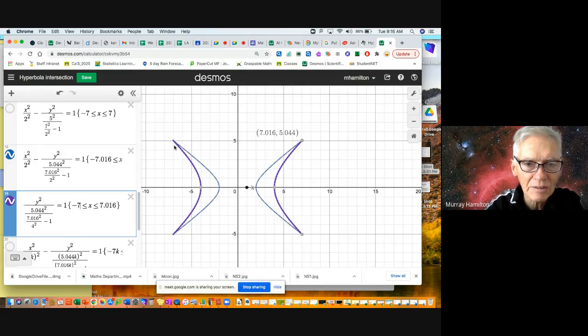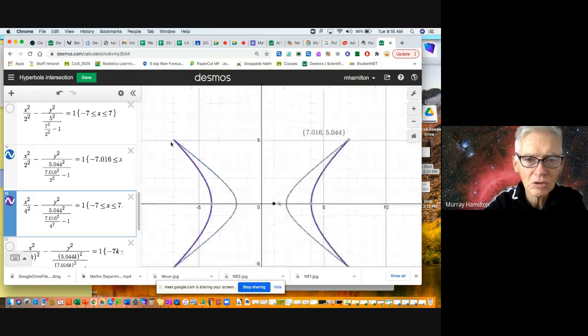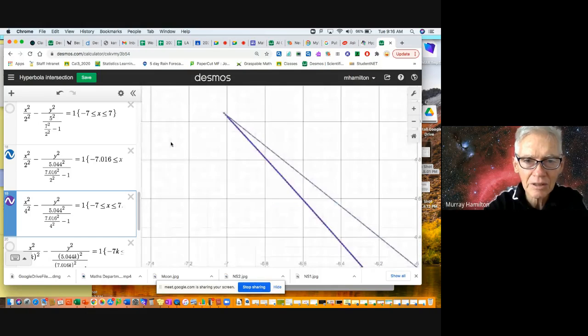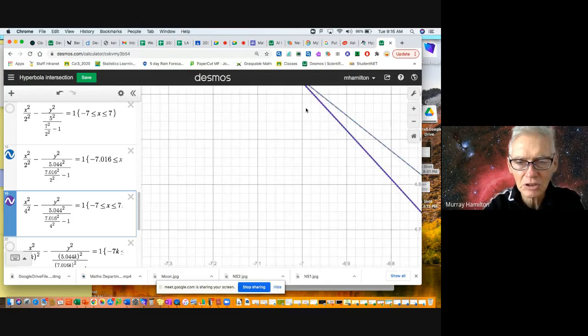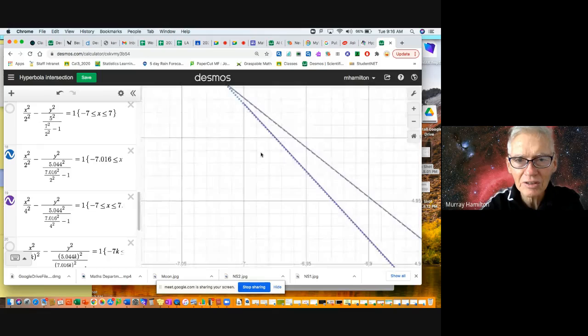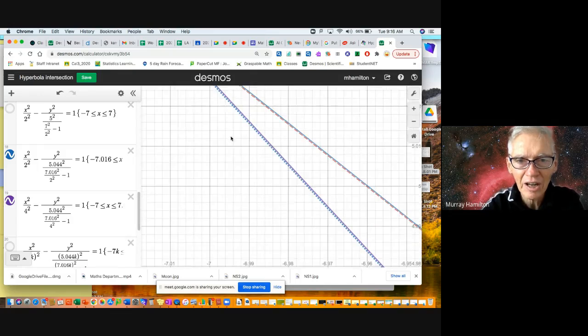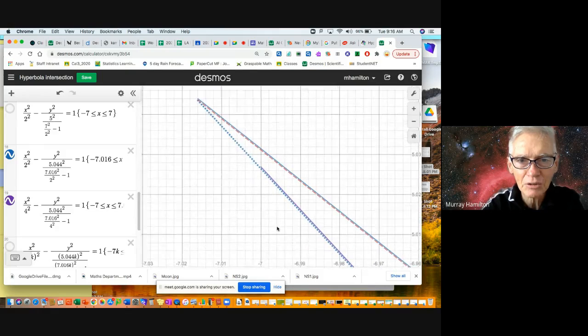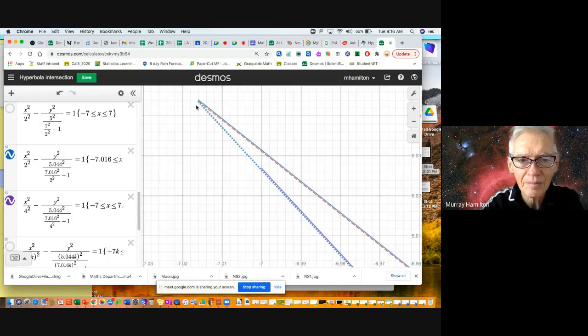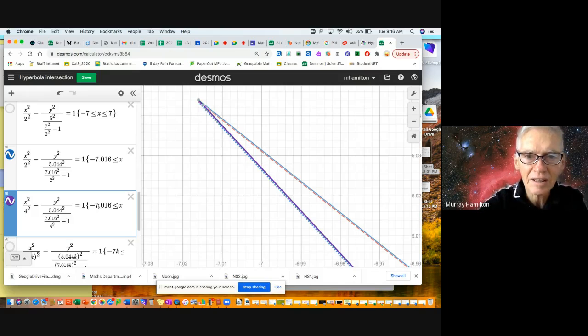What happens when I zoom in on here? It won't actually meet the point. It's going to be a little bit short because I haven't got, see how my line actually stops short of the point, because this should be negative 7.016. So when I put the 0.016 there, and actually if I zoom in further, those 2 points don't meet because I've only done it to the nearest thousandth.